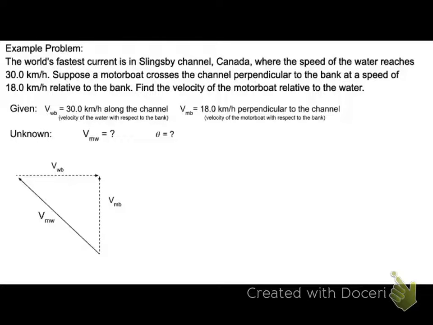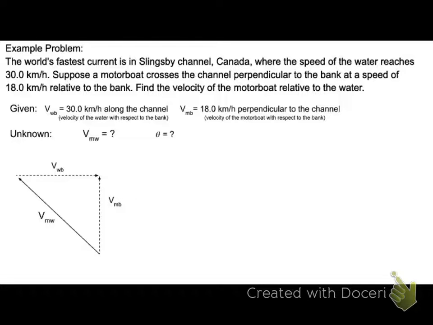Okay, so if you look here, I've drawn a picture for you, where you can see what they're saying is the speed of the current, the water with respect to the bank, so that's V sub WB, and we know the velocity perpendicular to the channel, because they said the motorboat crosses the bank at a speed of 18.0 kilometers per hour relative to the bank.